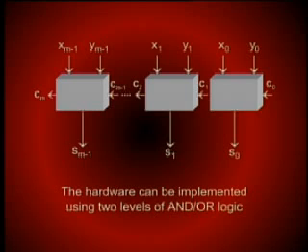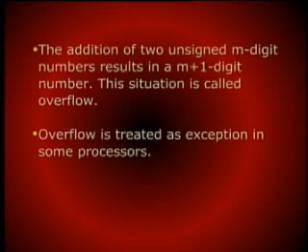The situation where the addition of two unsigned m-digit numbers results in an m plus 1 digit number is called an overflow. Overflow is treated generally as an exception in some processors, and an overflow flag can be used to record the status of the result.